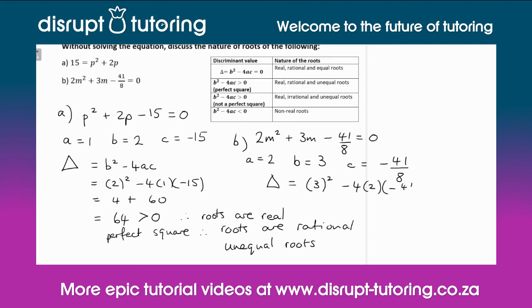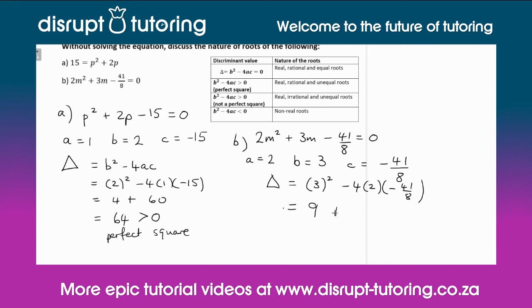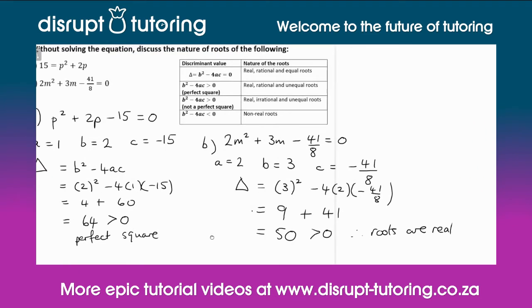So we need to work that out. Okay, so let's make a little bit of space here. Then that gives me 9 plus 41, which is 50. Now 50 is greater than 0, therefore the roots are real. Then we need to compare whether the roots are going to be rational or irrational.